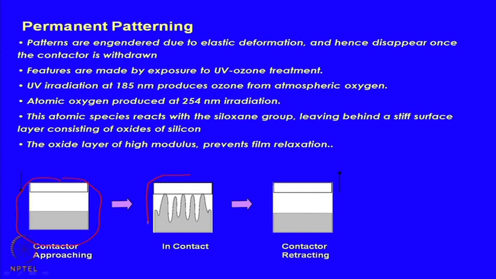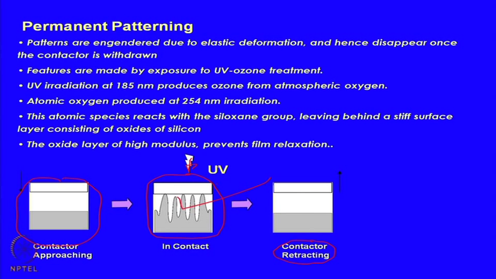As long as it is in contact proximity or in contact, you have the structures, but once the contactor is retracted, the structures go away. So, what is done is that while the contactor is in contact proximity with the surface, the whole assembly is exposed to UV light.